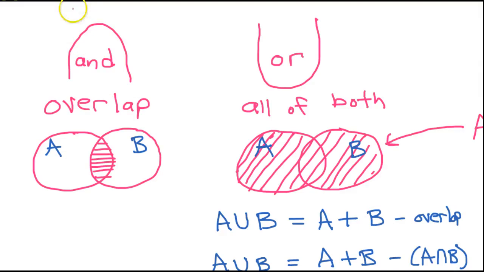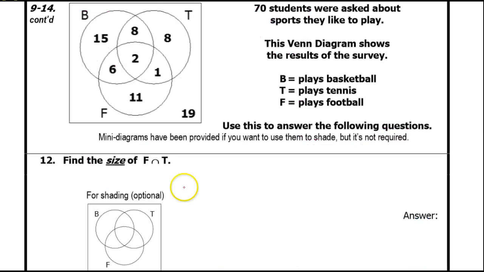And is less, or is more. You can kind of tell, glancing at my Venn diagrams, that and is just the overlap, whereas or is going to be all of both. So it makes sense that and would be less and or would be more.